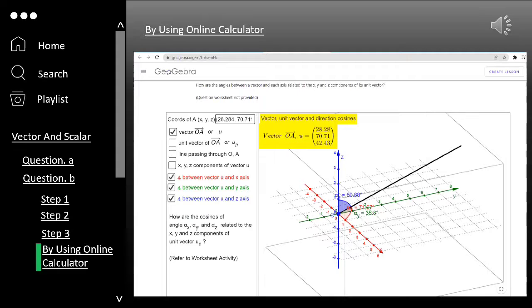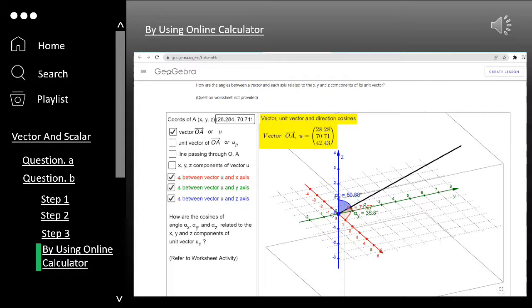Okay, to compare the degrees that we calculated before, we use a modern method, the website geogebra.org. We can put in the F value that we calculated before, 20 square root of 2 I, which is 28.28.